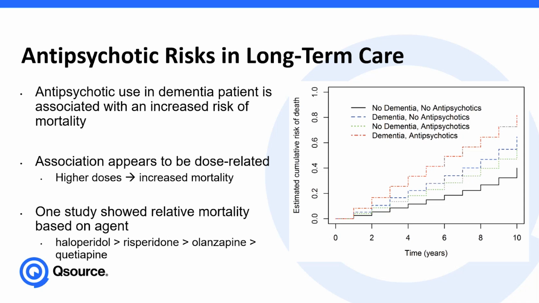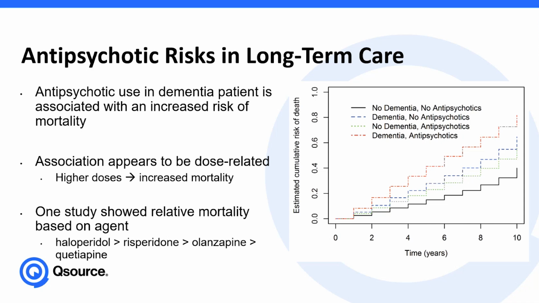The association is dose related and medication related. So if you have somebody that has dementia and they're not on an antipsychotic, they're at lower risk of mortality than somebody that is on an antipsychotic with dementia. And then as you increase the doses, you see the risk increase.